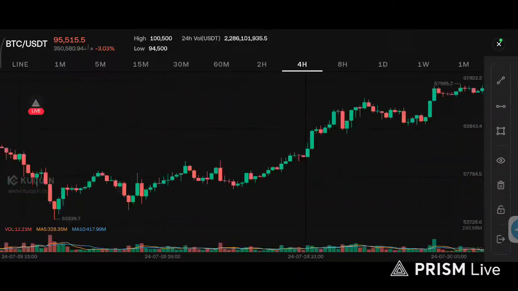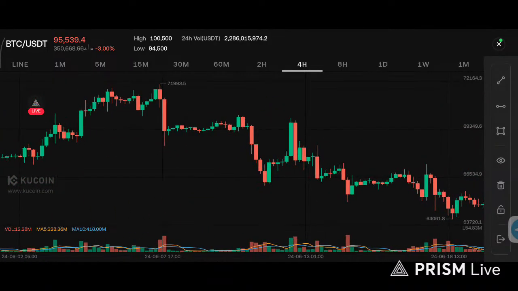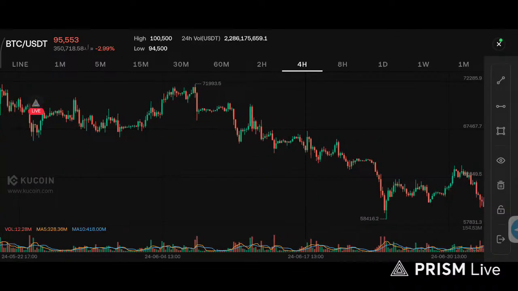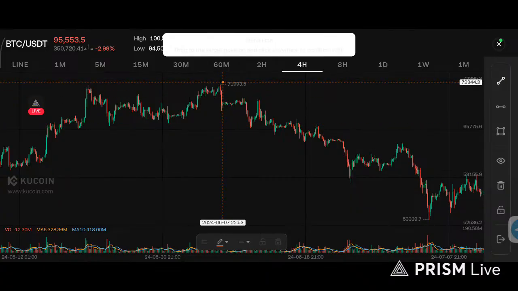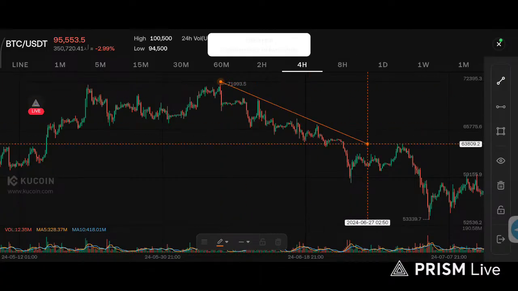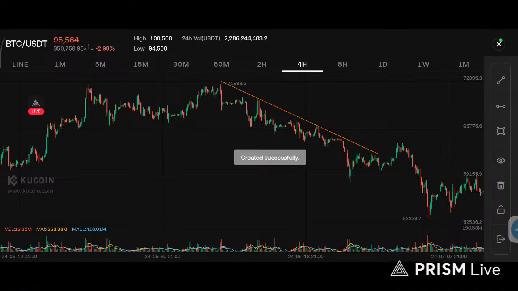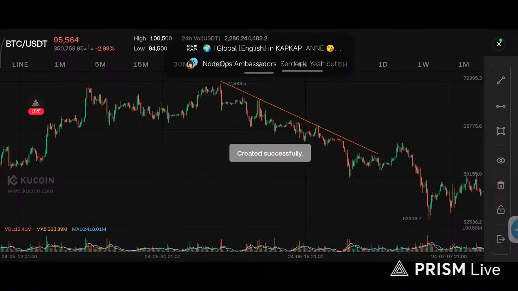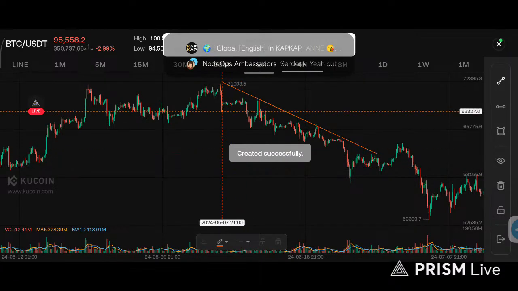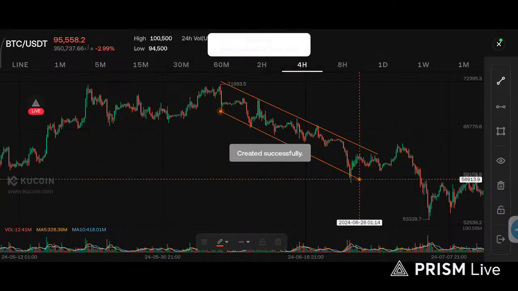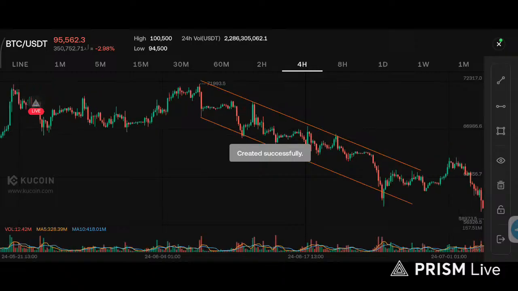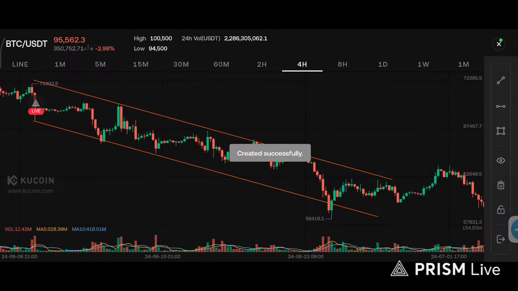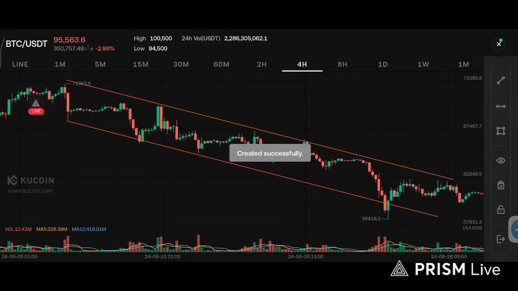So let us look for a market in a downtrend direction. This is an example of a market in a downtrend. Let me zoom in so that you can see very well. Have you seen it? This is a downtrend market.